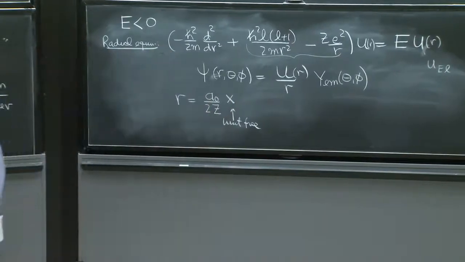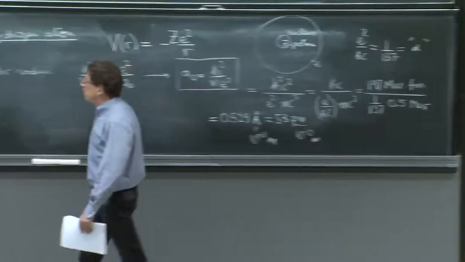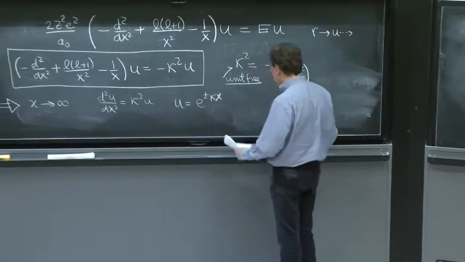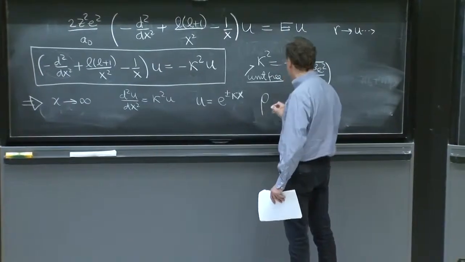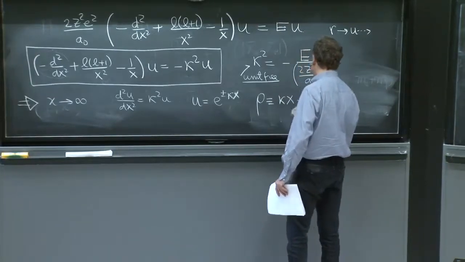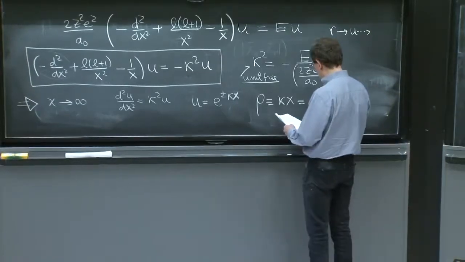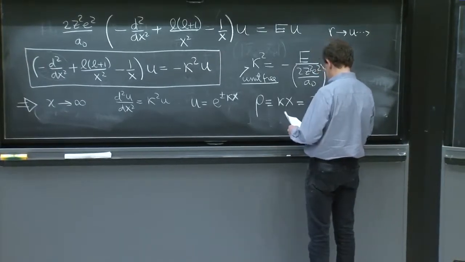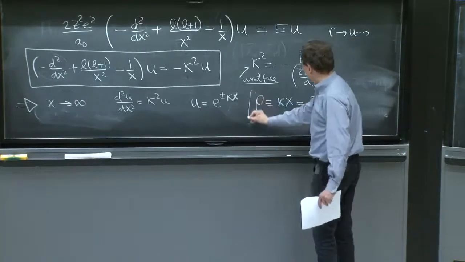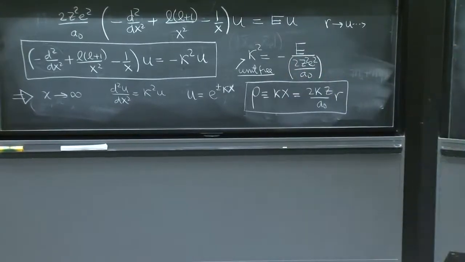I'm not suggesting that this is something that would occur to me if I'm doing this problem, but it's certainly a possible thing to do, to say, OK, I'm going to define now rho as kappa x, and with x being given by this, rho would be 2 kappa z over a naught r. So rho is going to be my new coordinate.